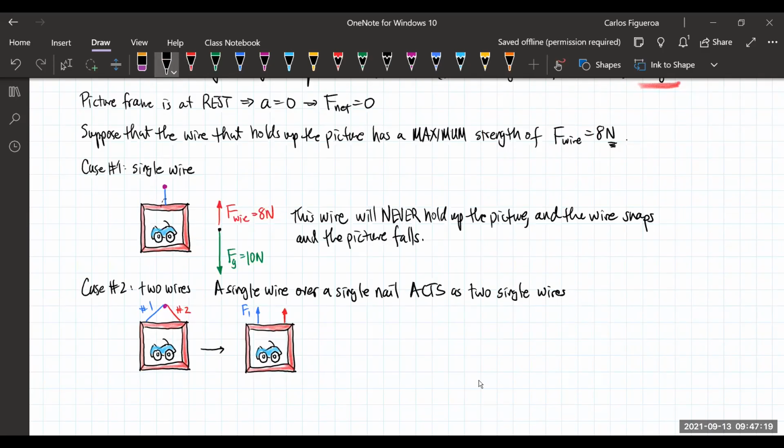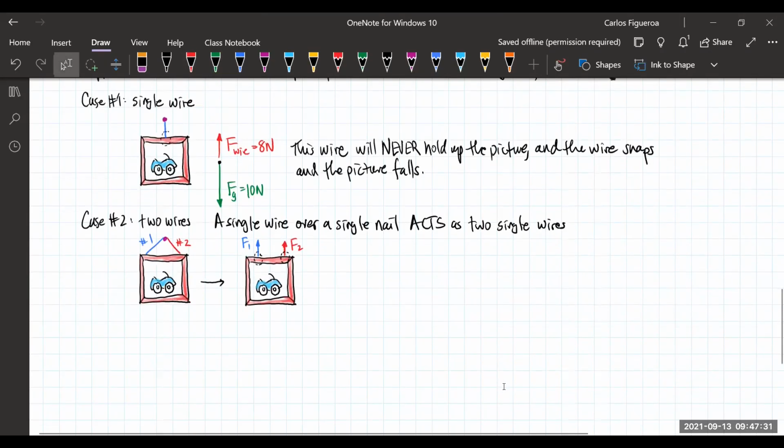This is 1 connection here. What you're seeing here is that there are now 2 connections here, and that's force number 2. And we still have the same force of gravity acting downwards. And we know that that is 10 newtons.